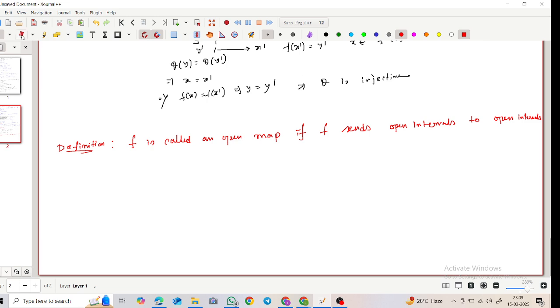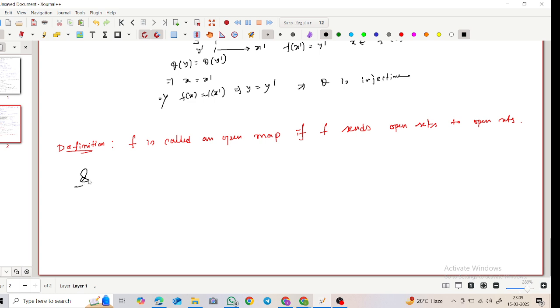I mean, I should write open sets to open sets, but I am writing open intervals to open intervals. Or maybe I should write open sets to open sets. So when I am talking about open sets, those who know what an open set is, just assume it to be an open interval, or a union of open intervals. Open sets to open sets. Okay.